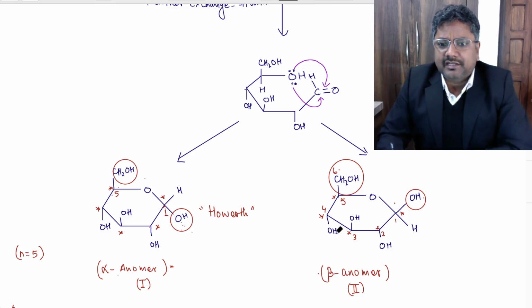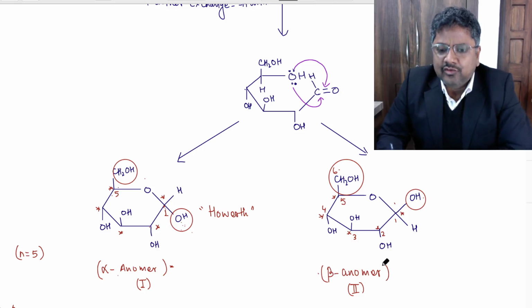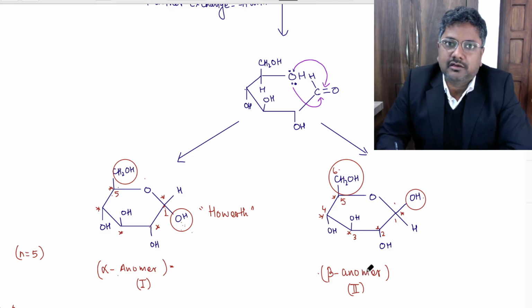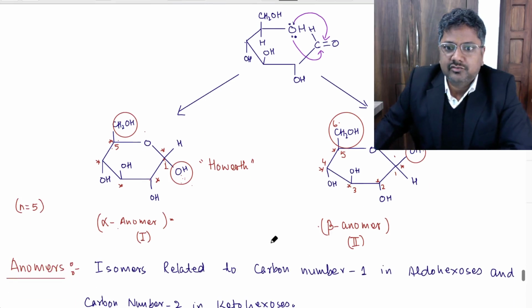So alpha and beta, in which beta anomer is more stable than alpha because its population is more at equilibrium.